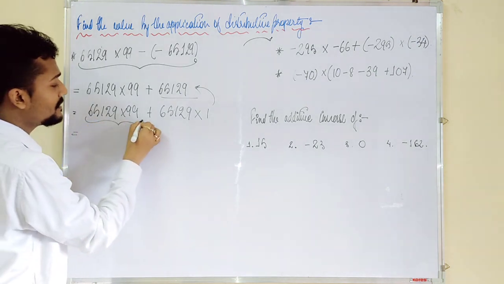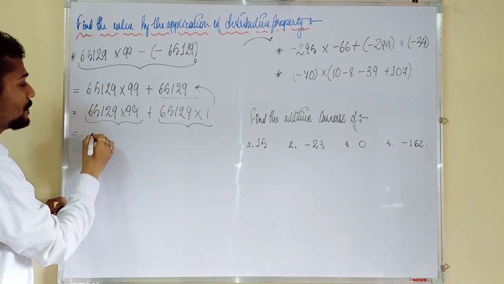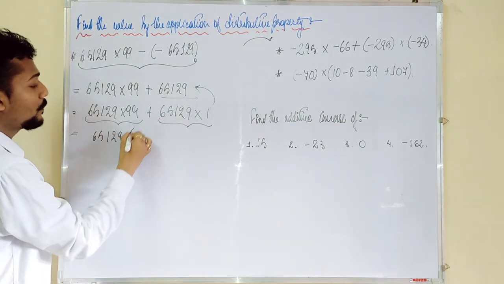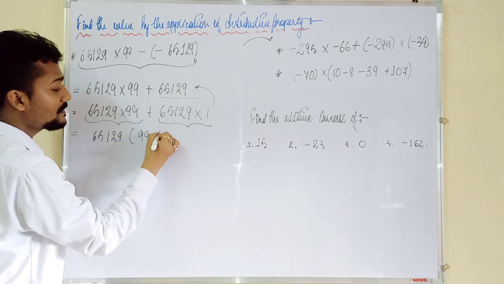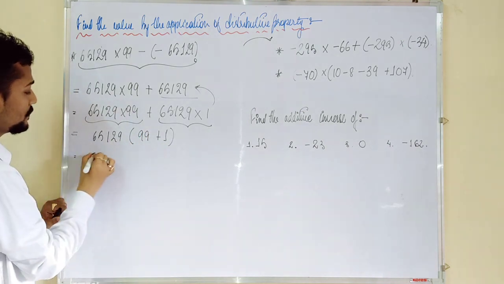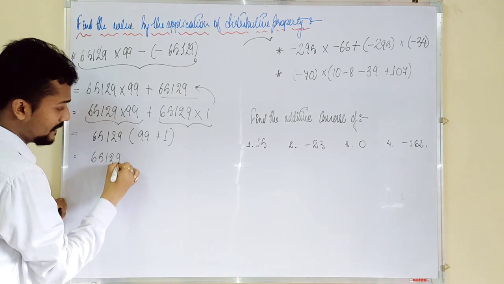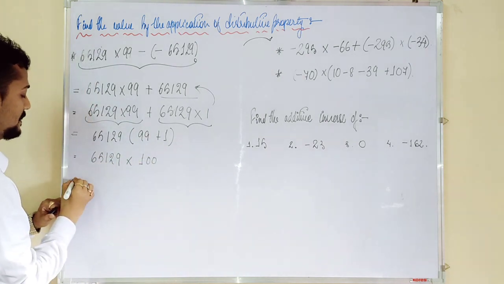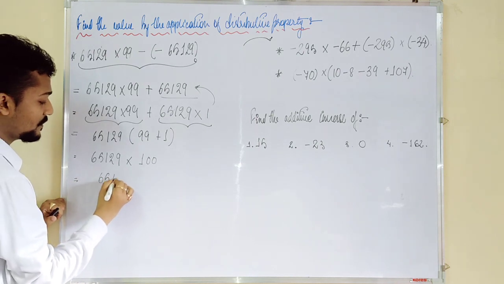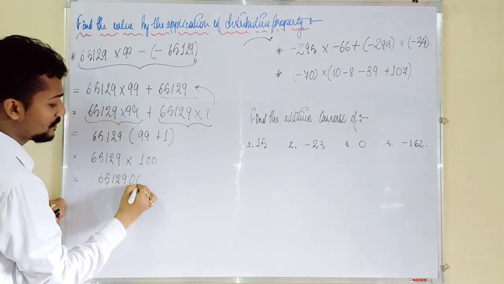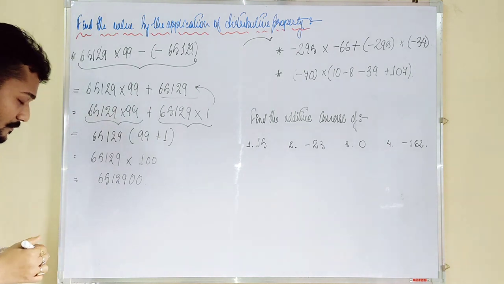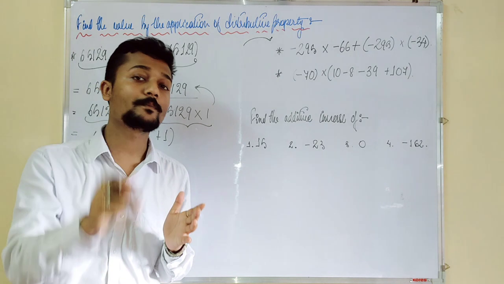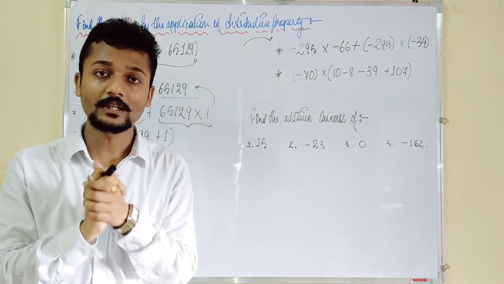Now, if you see this plus this, we can take 65,129 common, and what will be left? 99 plus 1. It is equal to 65,129 into 99 plus 1, which is 100, and hence the answer is 65,129 0, that is 6,512,900. That means without doing manual multiplication, we have found the answer.